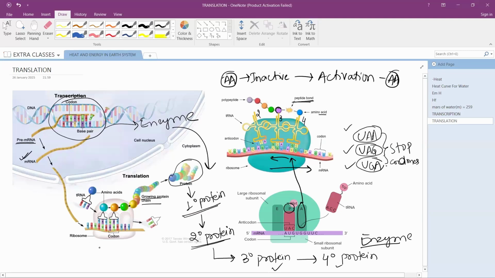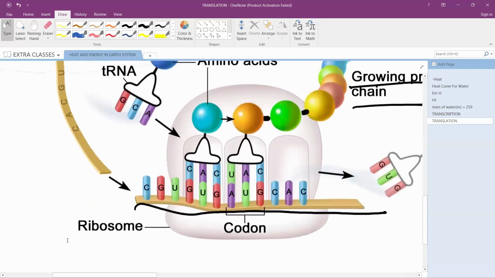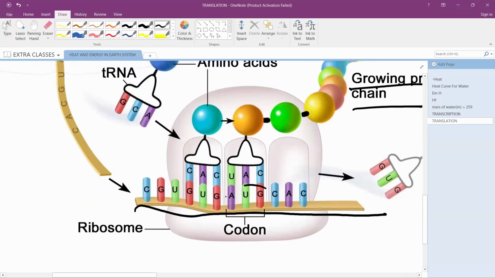The ribosome is attached to the mRNA at the AUG position. This is the start codon, and it codes for Met. Understood? So the ribosome binds to the start codon AUG on the mRNA.